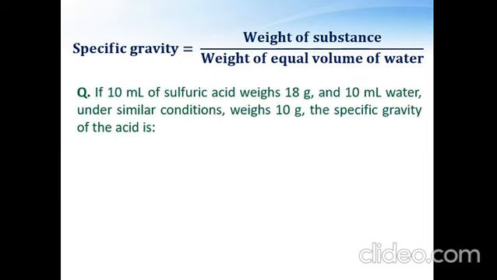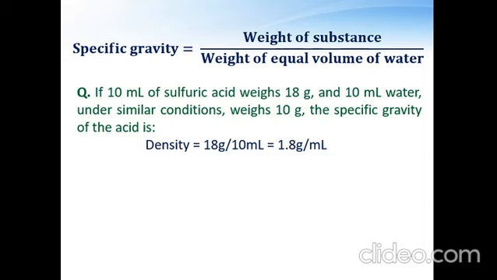And here is a sample question. If 10 ml of sulfuric acid weighs 18 grams and 10 ml water under similar conditions weighs 10 grams, the specific gravity of the acid is? Density is 18 grams divided by 10 milliliters.